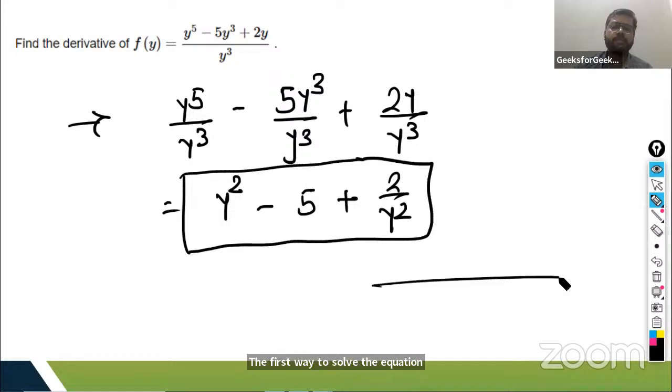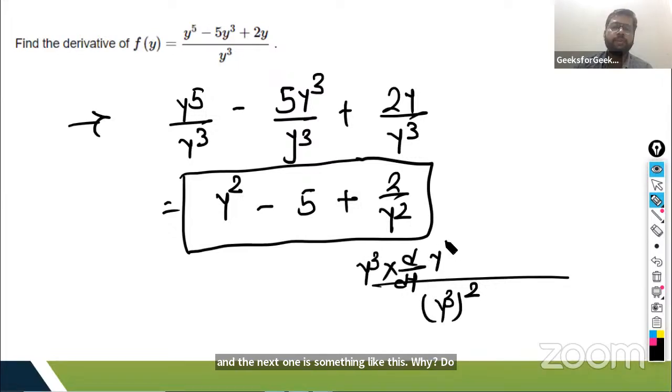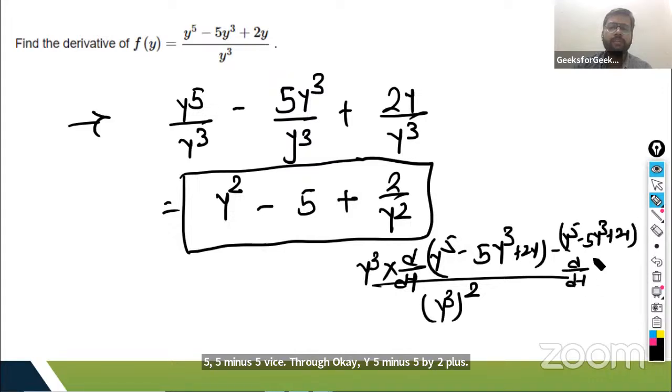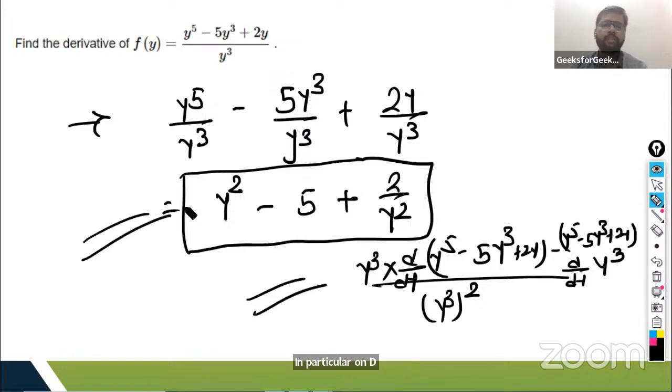And the next one is y cube whole square, y cube into d upon dy of y5 minus 5y cube plus 2y, minus y5 minus 5y cube plus 2y into d upon dy of y cube. So these two ways you can solve the equation.